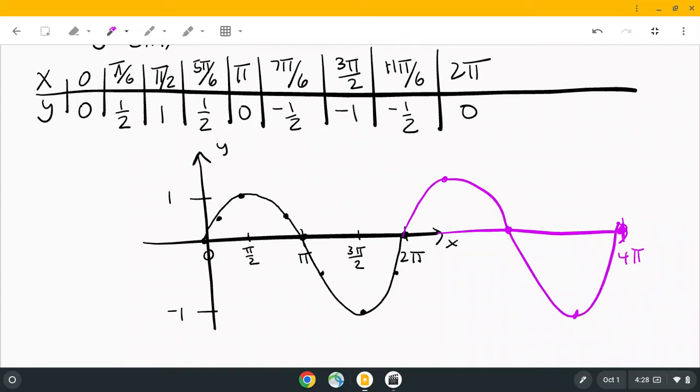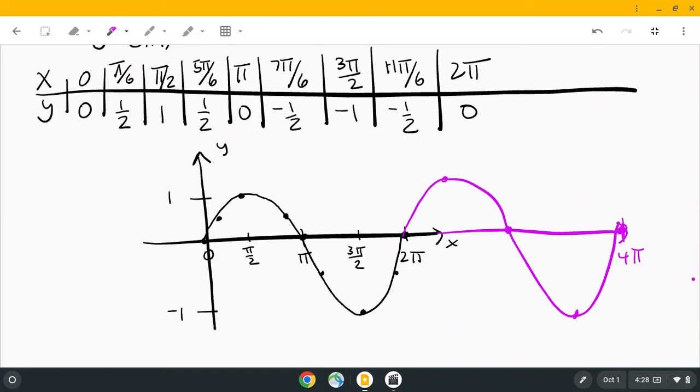If I wanted to go to 6 pi down that way, then it would continue. This wave function would continue over that way. My screen is small, so I can't go beyond this edge here. Okay, but same thing with this direction.